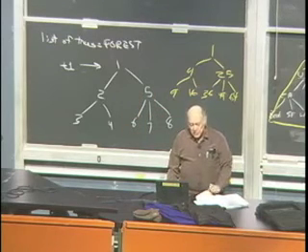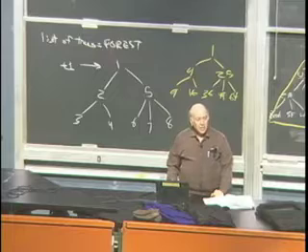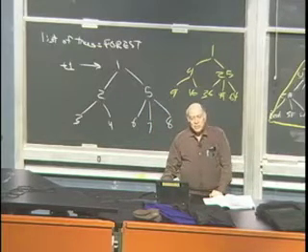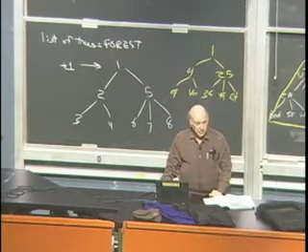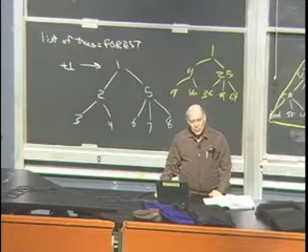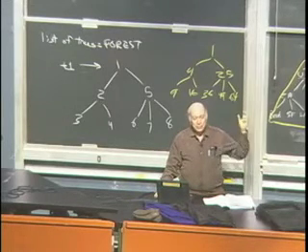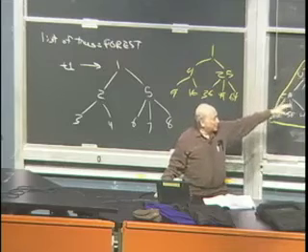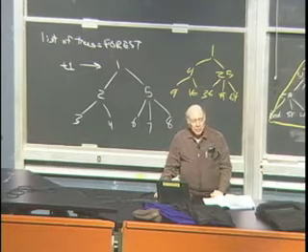So it's a tree with the same shape as T1, and I've applied a function to every datum in the tree, not to every node, because a node is the datum plus the children, but to every datum, the things at the nodes in the picture.